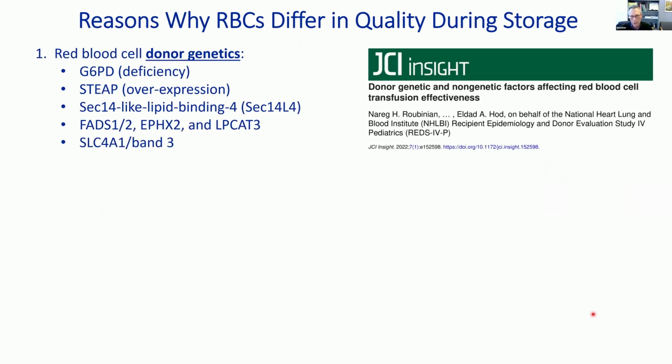It's an interesting process by which, many times, donor genetics have a large impact on the quality of red cells during storage. And this is something that's really been looked at by NIH over the last 10 years, in the recipient and donor project, which classifies donors as being either good or poor storers based on their genetics and how that affects red cell function.